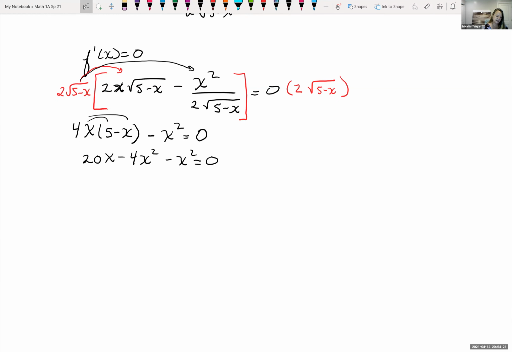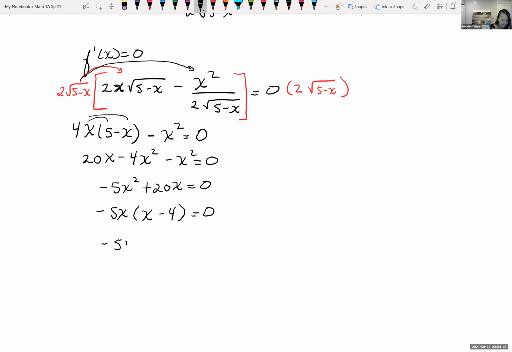So notice that this is a quadratic. Let's combine like terms. I have a negative 5x squared plus a 20x equals 0. So notice that we can factor out the greatest common factor. Let's factor out a negative 5x, and that would leave you with a positive x minus 4 equals 0.